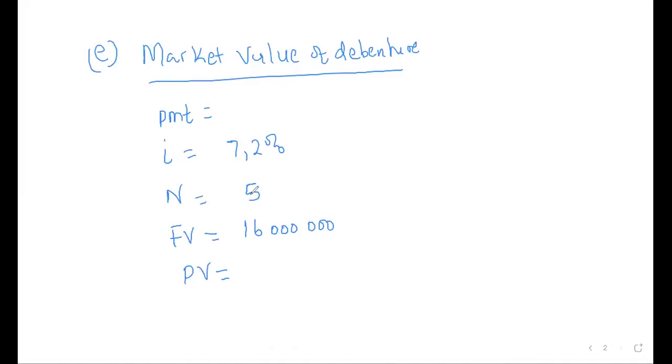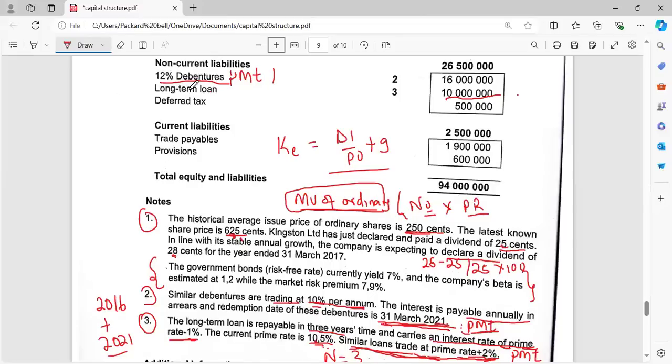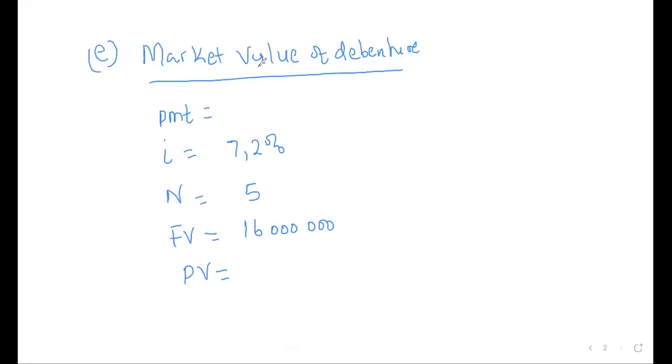So we are left with PMT now. Let's figure out how we get the PMT. The debenture came with 12%, am I right? So this is where you get the PMT. The percentage at which the debenture came with from the bank is what you are going to pay. If you go to the bank today, they will tell you that your loan is going to attract an interest of whatever. That is what you will be paying.